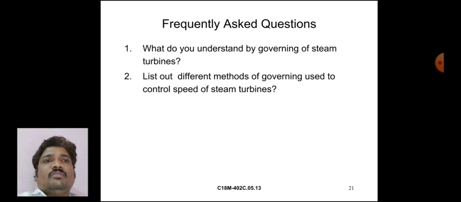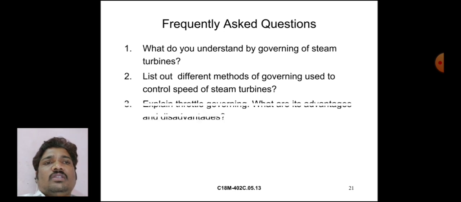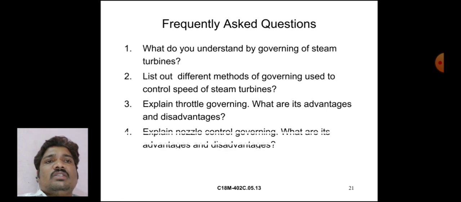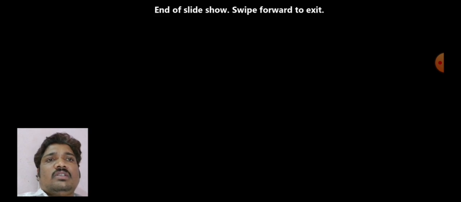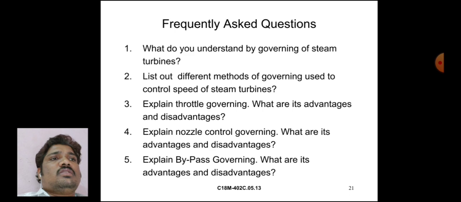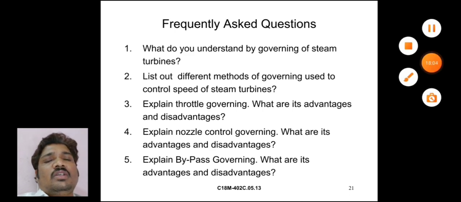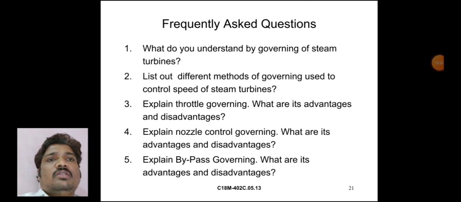List out different methods of governing used to control speed of steam turbines. Explain throttle governing. What are its advantages and disadvantages? Explain nozzle control governing. What are its advantages and disadvantages? Explain bypass governing. What are its advantages and disadvantages? These questions may be asked in this topic.